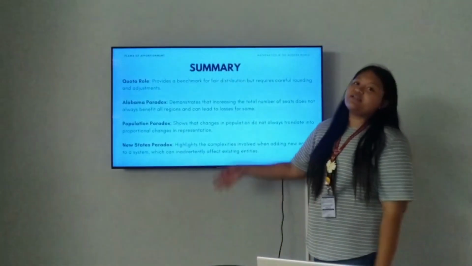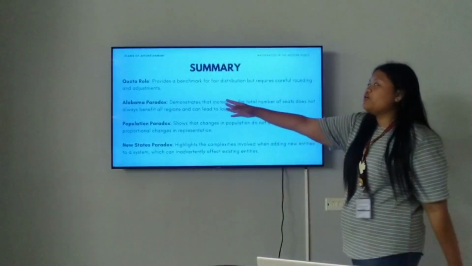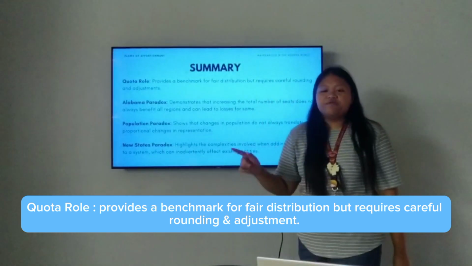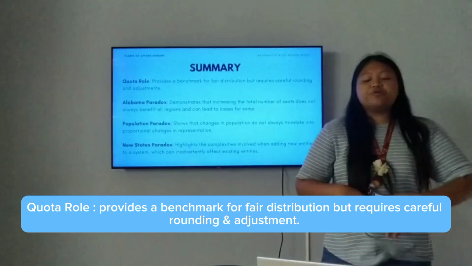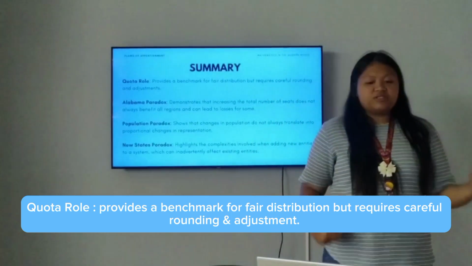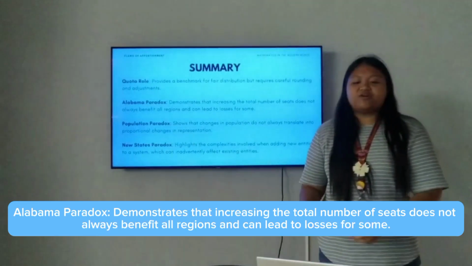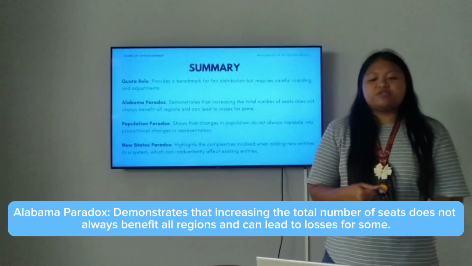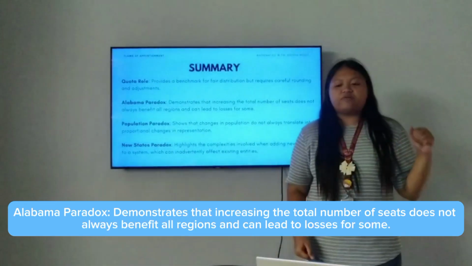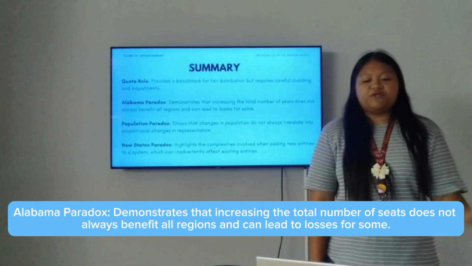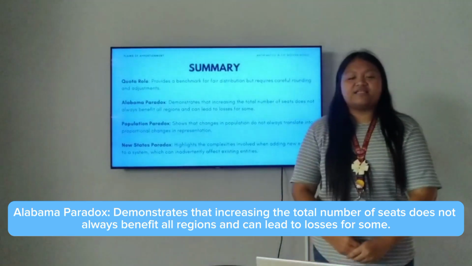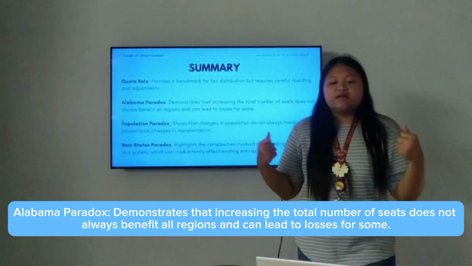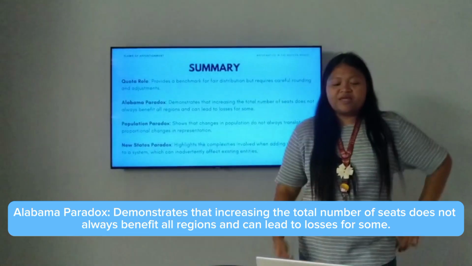So, to summarize all of this, quota rule provides a benchmark for fair distribution, but also requires careful rounding and adjustments. The Alabama paradox, however, demonstrates that increasing the total number of seats does not always benefit all the regions and can lead to losses for some.